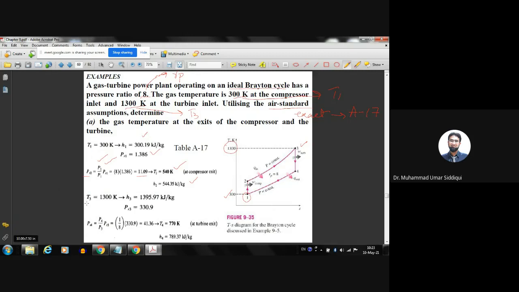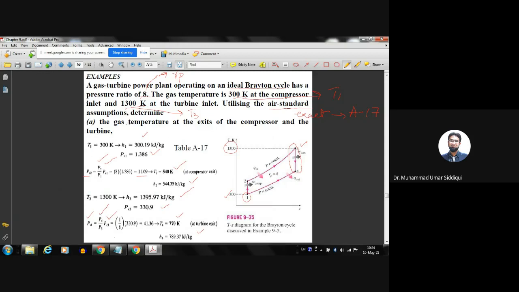Then similarly, T3 we know is 1300 Kelvin, and since 3 to 4 is again an isentropic process, we can use table A17. From T3 we get H3 and PR3. Then we know the pressure ratio here is P3 by P4. I'm going to use this and PR3 to determine PR4. Then we go back into the table, and corresponding to PR4 we can determine T4 and H4.